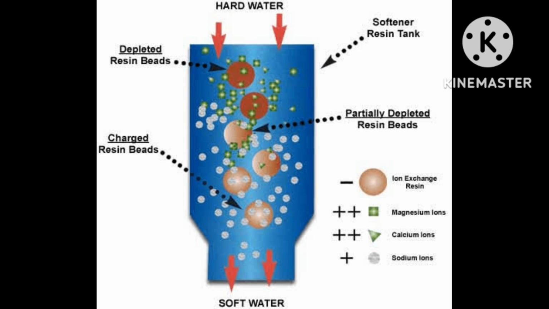Here 2Na will be replaced by 1 calcium, because 1 calcium or 1 magnesium has 2 positive charges. So 2NaZ, that 2Na will be replaced by calcium or magnesium, and it will form MZ2 plus 2Na+ sodium ions. Then MZ2 means CaZ2 or MgZ2.